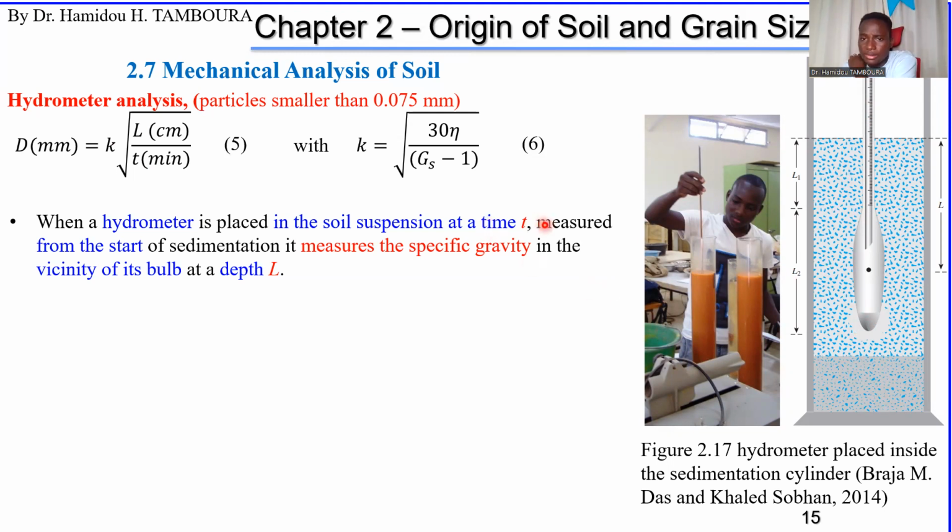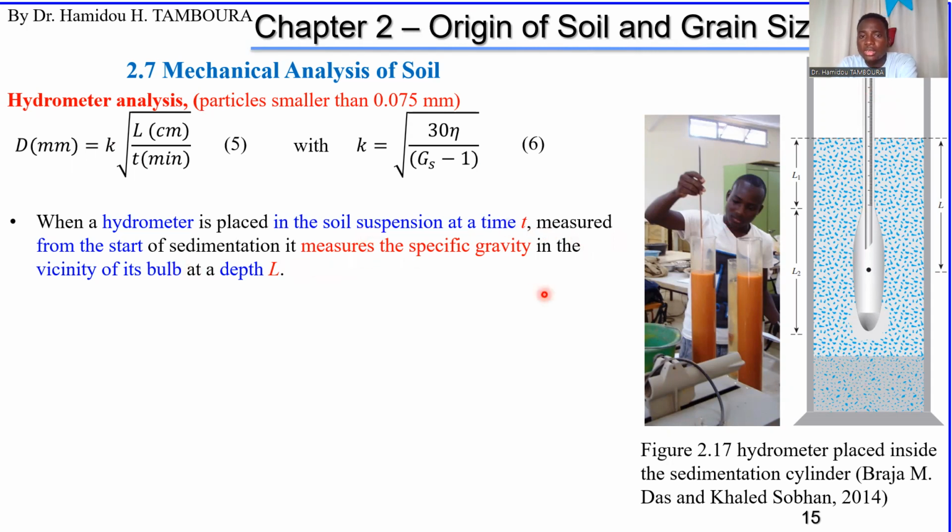At a given time t, it will measure. The time is measured from the beginning of the test. Okay, we start like a chronometer, and we start measuring the time from the beginning of the test. After putting the hydrometer, we start measuring.